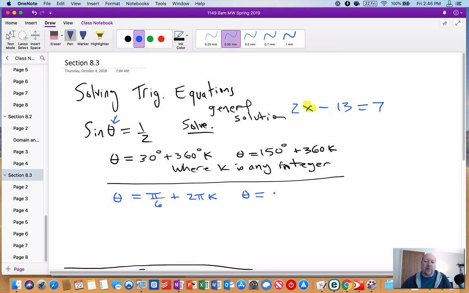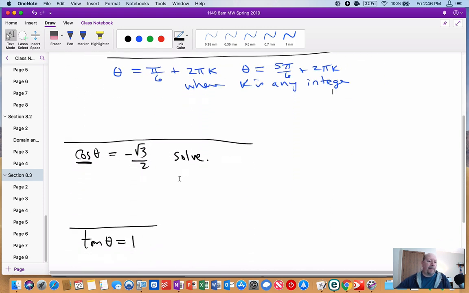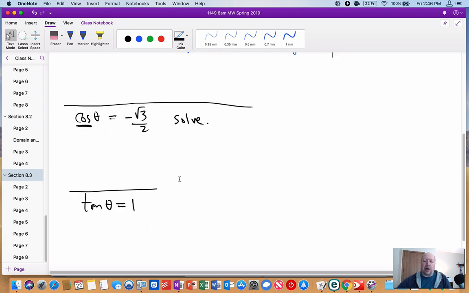And then for the 150, that's 5 pi over 6 plus 2 pi k, where k is any integer. Okay? So that's an example of how to write out all possible solutions for theta when the sine of theta equals 1/2.